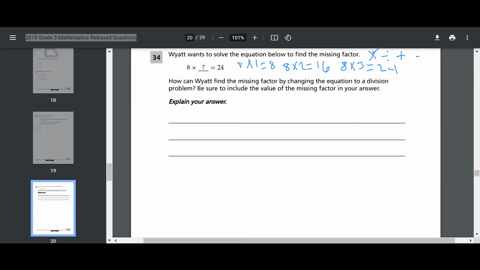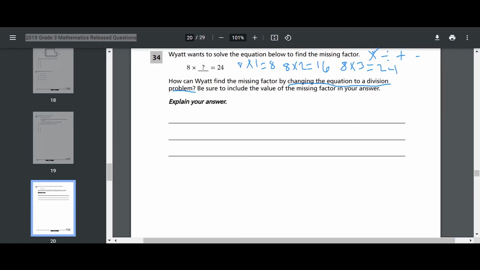How can Wyatt find the missing factor by changing the equation to a division problem? So we're going to underline some key important words: changing the equation to a division problem. If we are changing the equation 8 times unknown equals 24 to a division problem, we have to take the bigger number and the only factor we have, which is 8, and divide it.